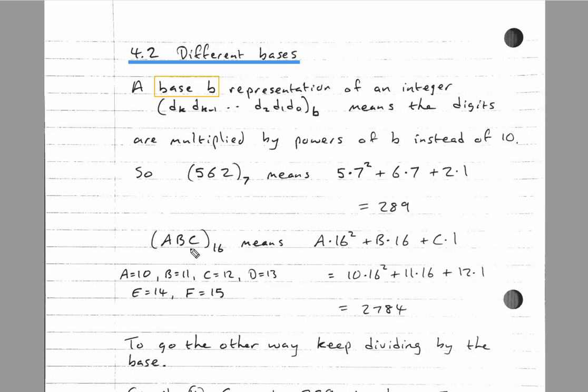How about ABC base 16? If your base is bigger than 10, you need extra digits. A means 10, B is 11, and so on, so we need the digits up to 15. If you're working in base b, the digits represent numbers 0 through b minus 1.